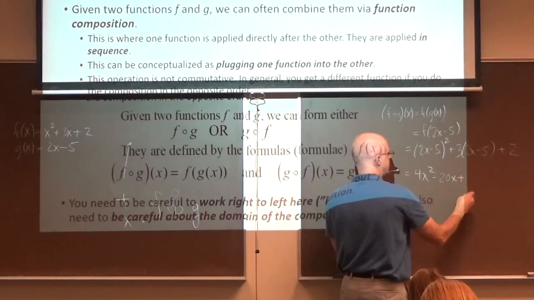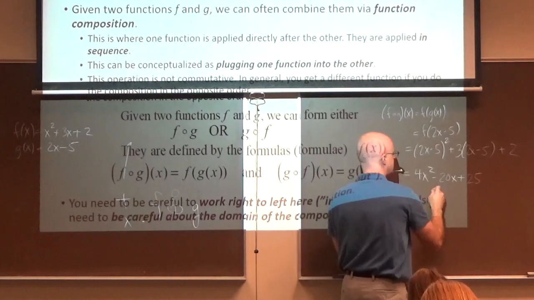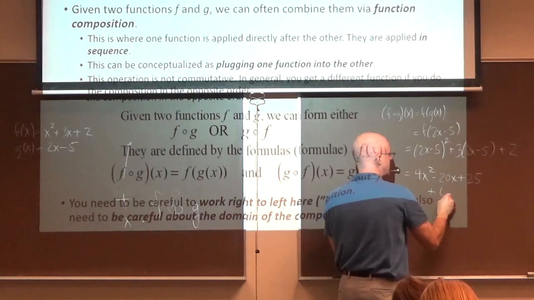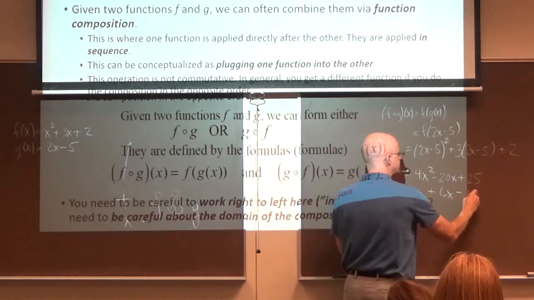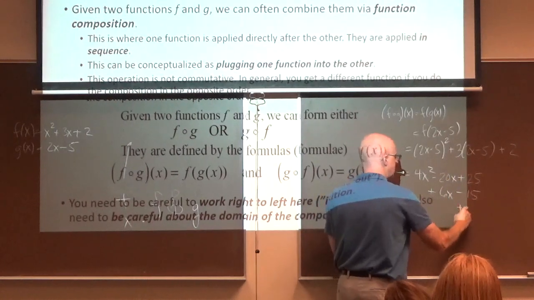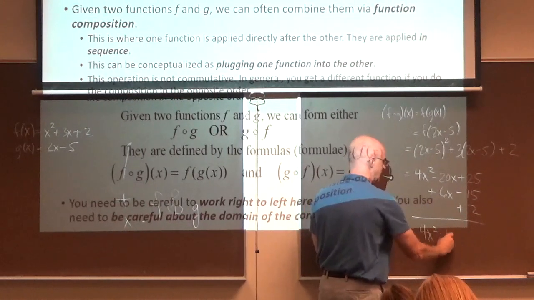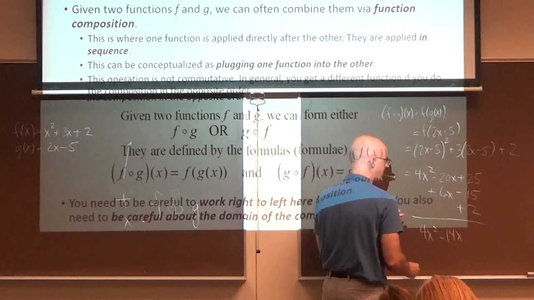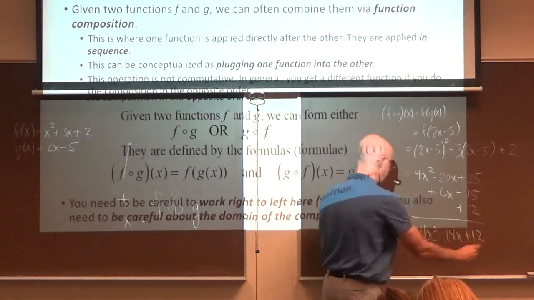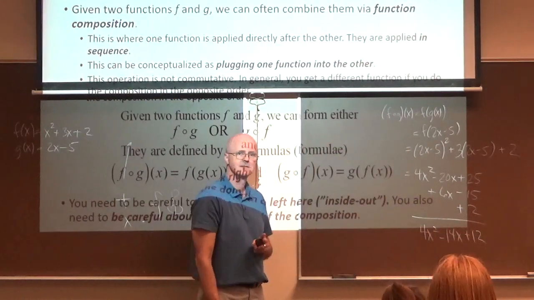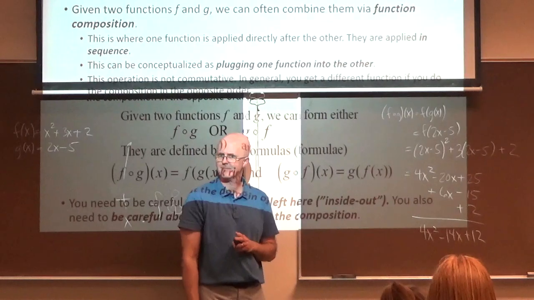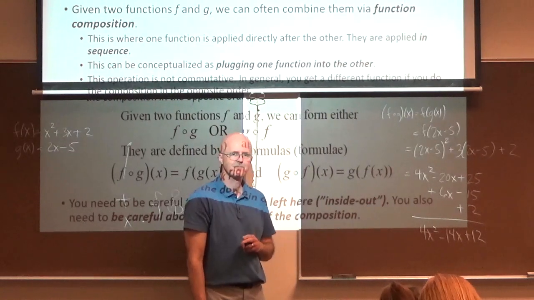Negative 5 times negative 5 is positive 25. 3 times 2x is 6x. 3 times negative 5 is minus 15. Plus 2. This simplifies to 4x squared minus 14x plus 12 if I've not made a mistake. Feel good? Anybody catch a mistake there?